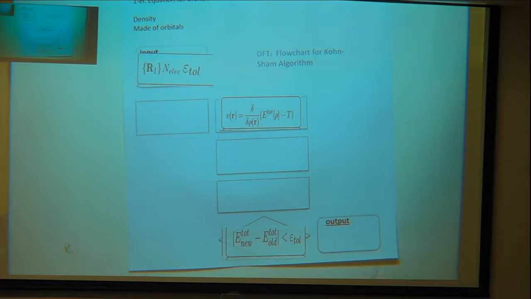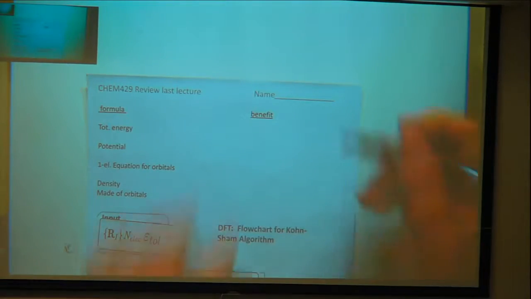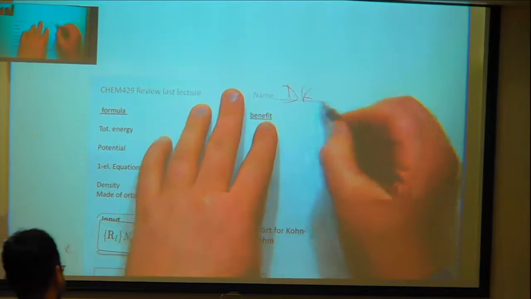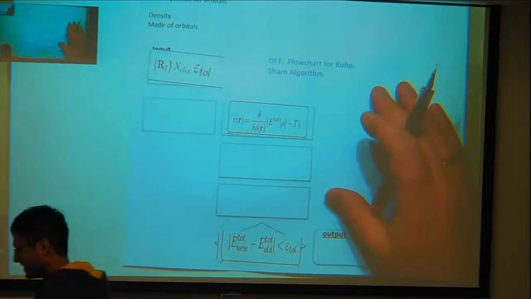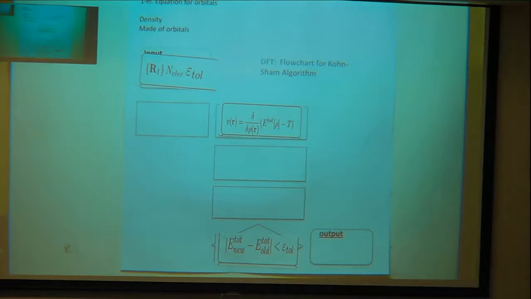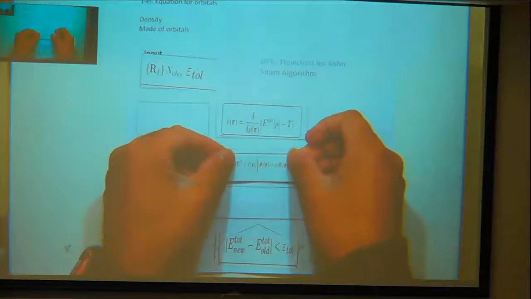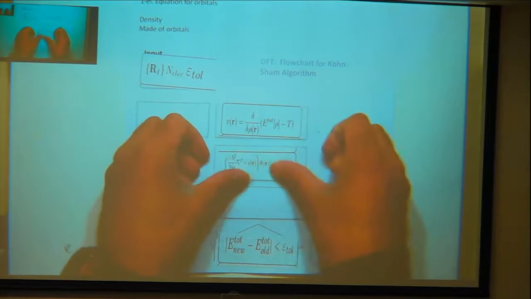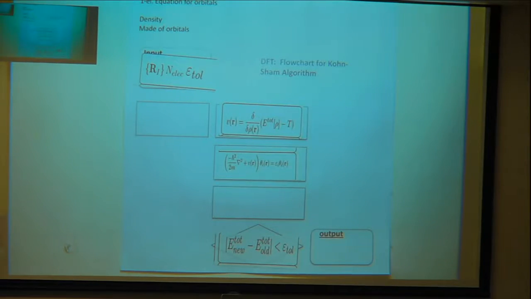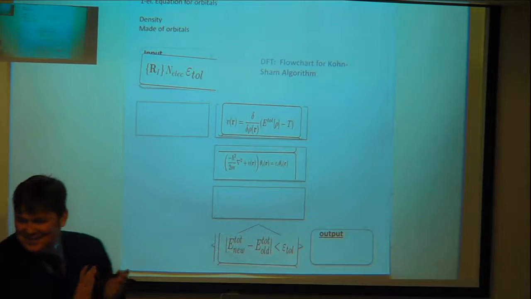Vijay would like to be next. And I'll put my name here. I'll get your credit. Okay, Schrödinger equation. Yes, let's thank Vijay.